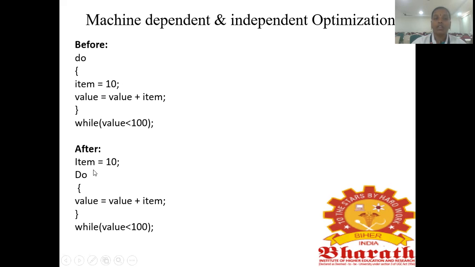But the next example: item equal 10, do value equal to value plus item while value less than 100. See, item equal 10. This type of declaration can be declared outside the loop, so any user can access this variable.